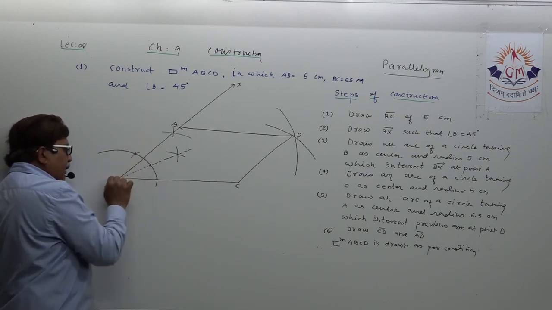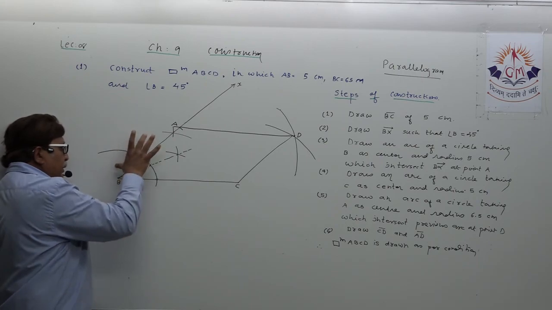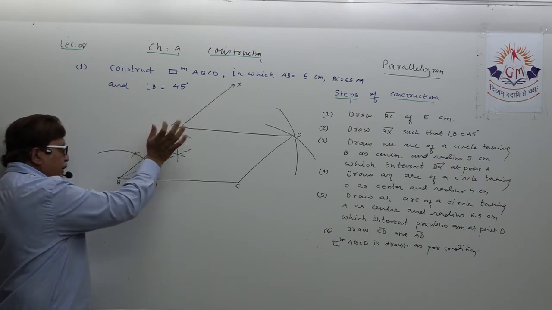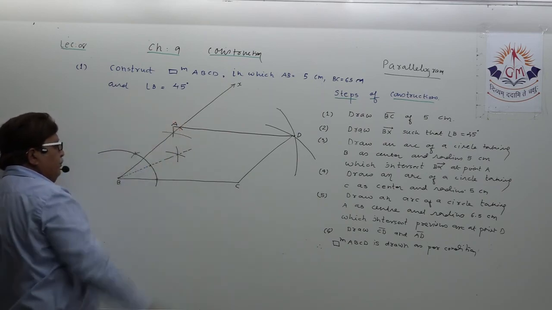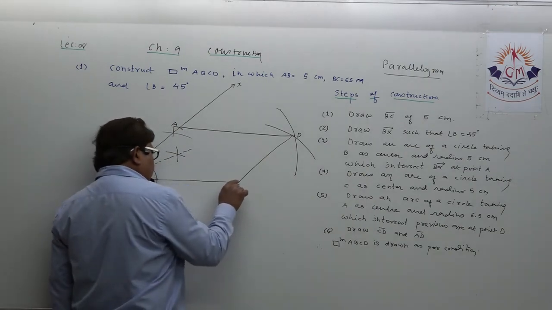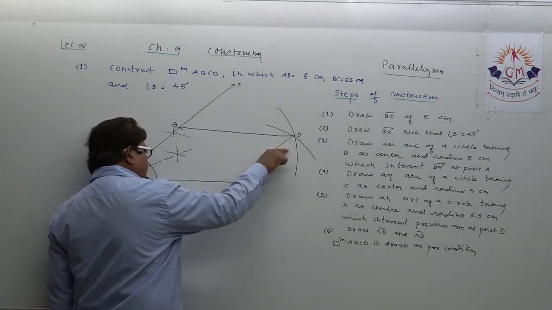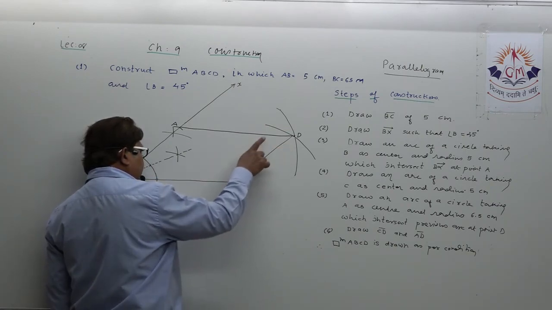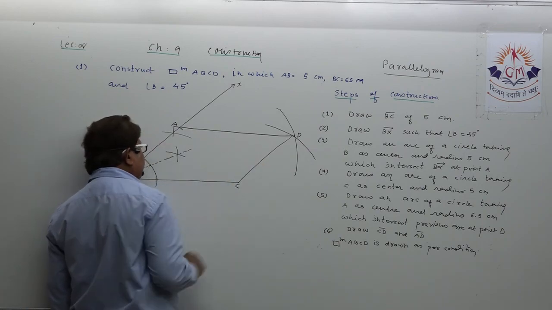Draw an arc of a circle taking B as center and radius of 5 centimeter, which intersects ray BX at point A. Then draw an arc of a circle taking C as center and radius of 5 centimeter.